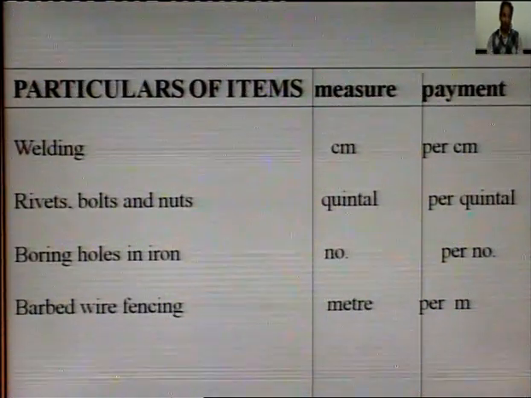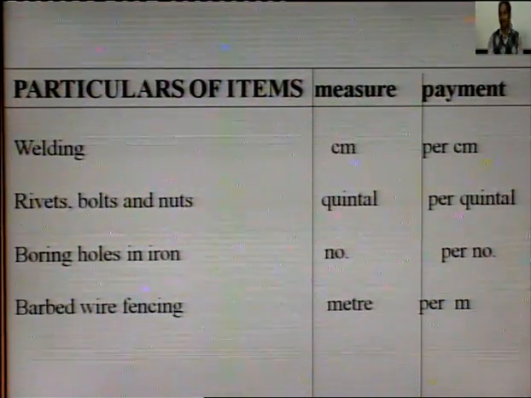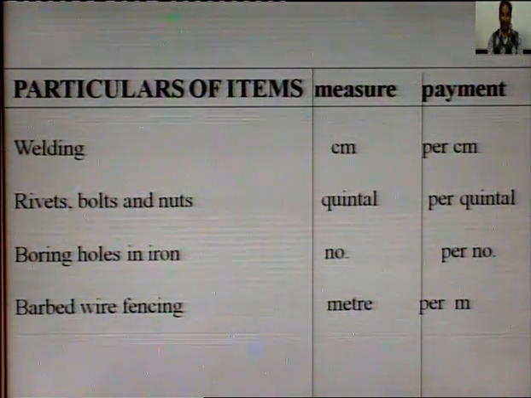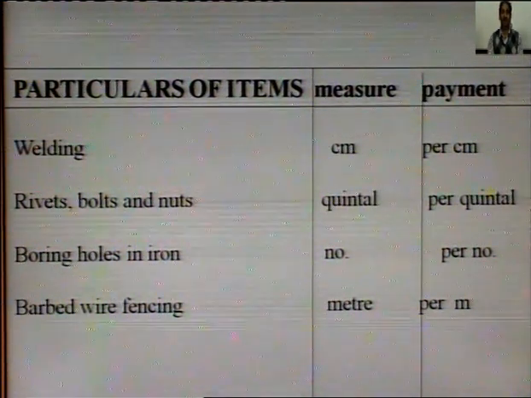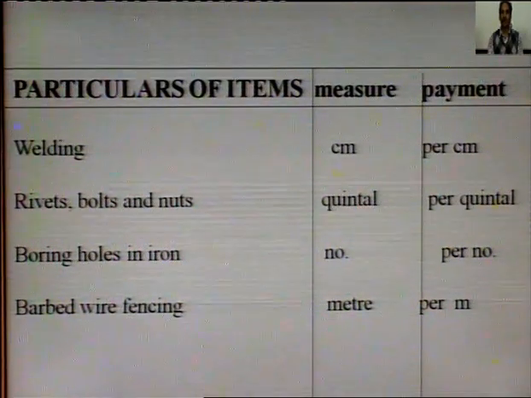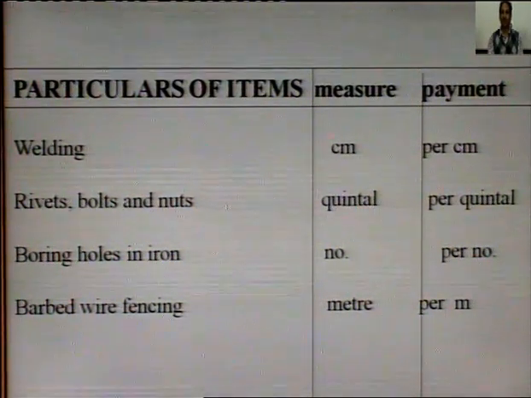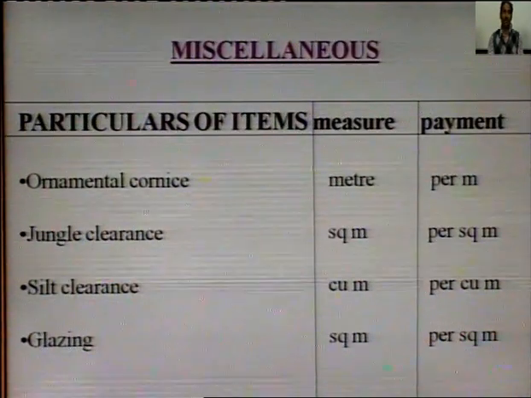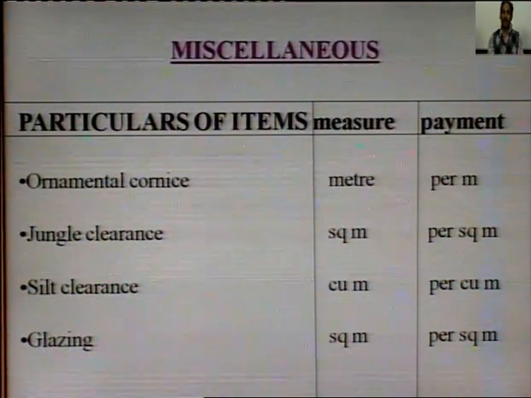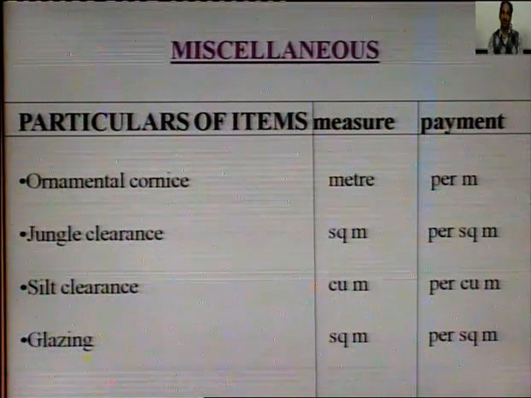Or buildings measured in centimeter, payment is done per centimeter. Rivets, bolts, nuts measured in quintals and your unit of payment is per quintal. And then ornamental cornice measured in running meter, your payment is per meter.